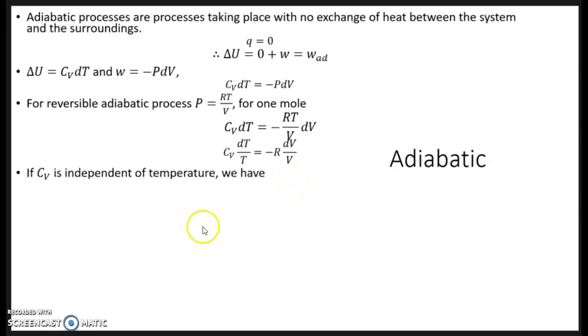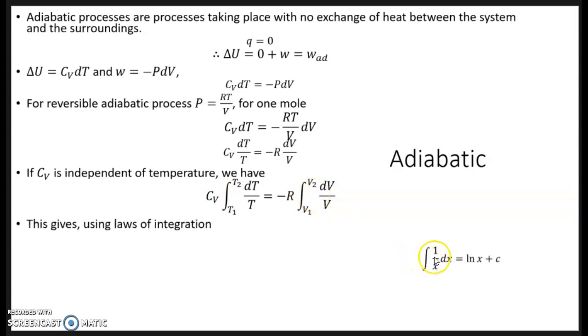So, if Cv is independent of temperature, we can integrate from stage 1 to stage 2. Cv can come out of the integral, and R is a constant, it can also come out of the integral. We have the laws of integration: the integral of 1 over x is ln x. So using that, we have Cv ln T2 over T1 equals minus R ln V2 over V1.